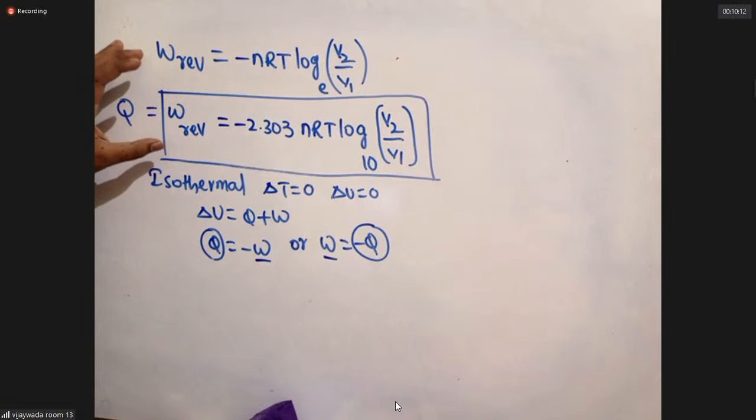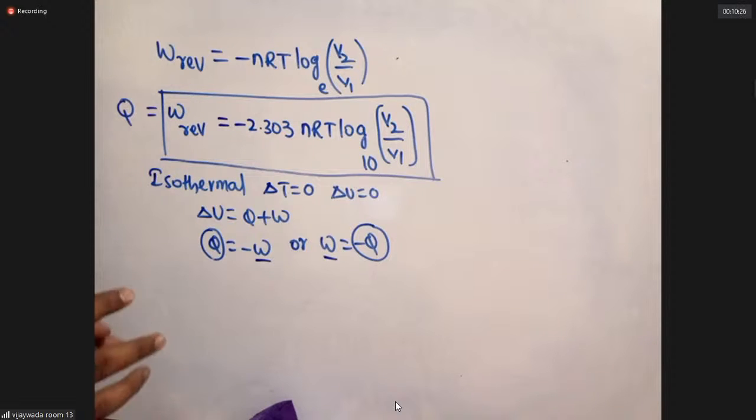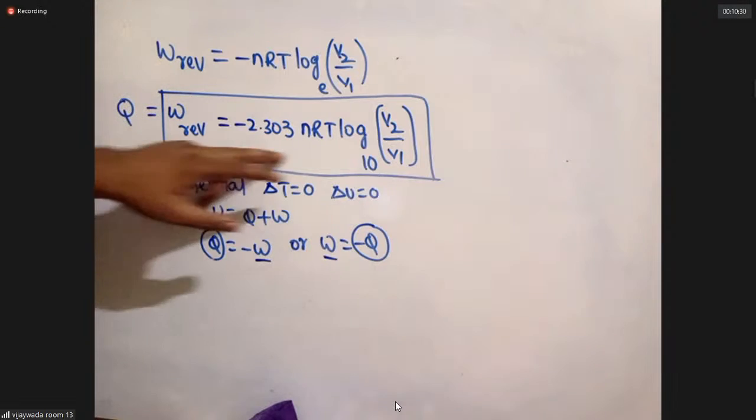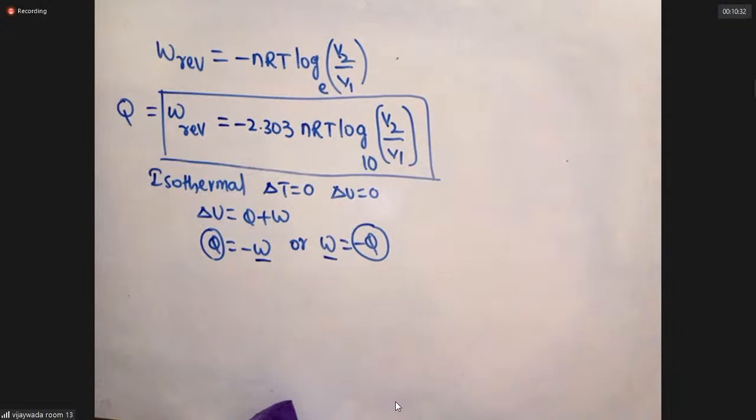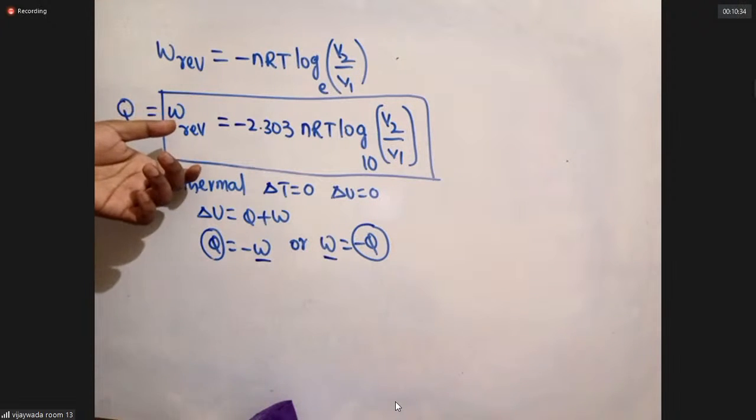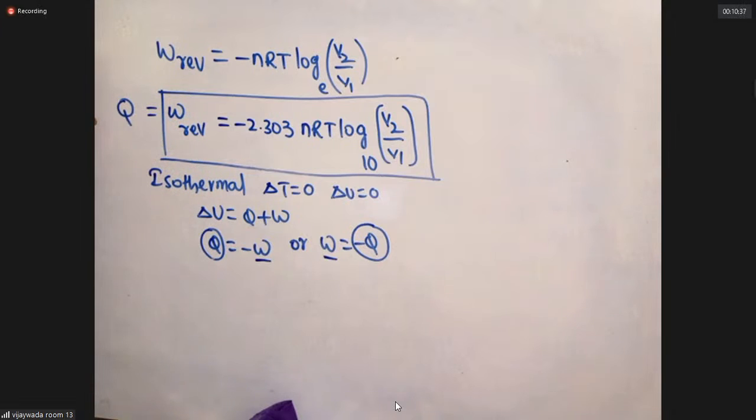I repeat again, this is the equation, students. Do you understand how we got the equation? The equation is for an isothermal reversible process. In that, what is the work done? We calculated it, this is the equation. Now I am saying the same equation you can use for Q. What is Q? Heat absorbed by the system or heat released by the system. Why Q equals minus W?